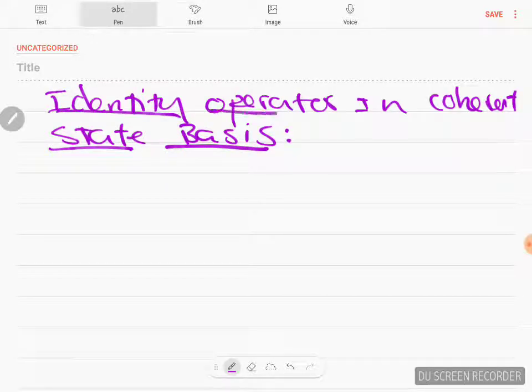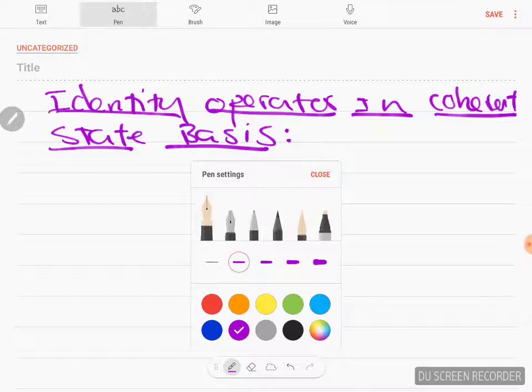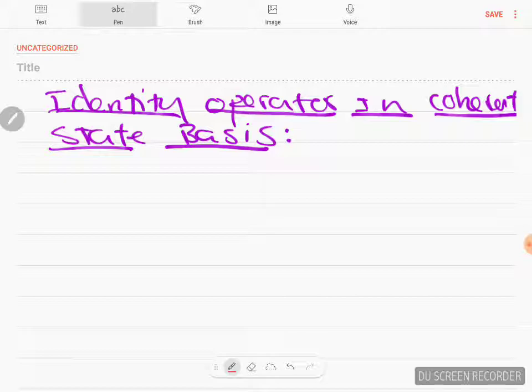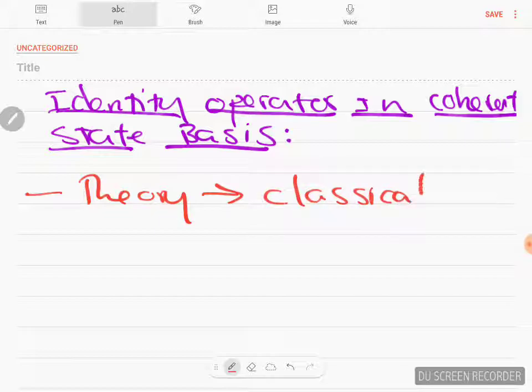So let's recall the context in which we're developing this framework, and we can keep focus on it. We want to develop a theory that is classical in order to do what?